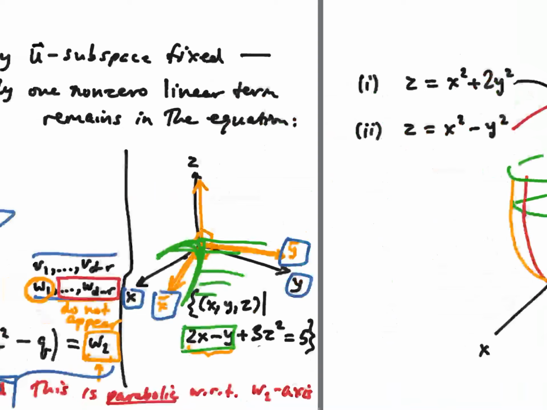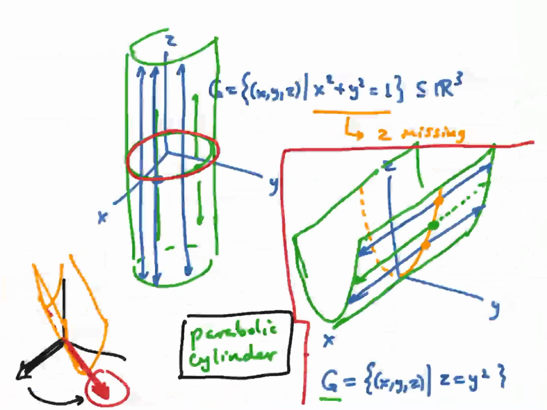Okay, so neither of these sets is cylindrical. But what was my point? My point is that this parabolic cylinder, let's take a careful look at it. It's cylindrical with respect to the x-axis. Now, is it parabolic with respect to a certain axis?